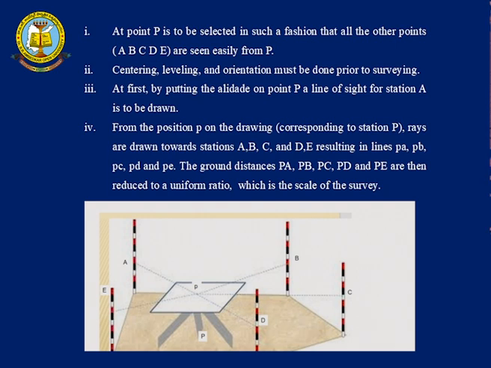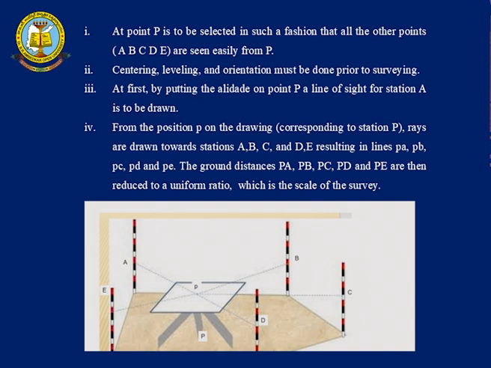First, you have to do centering, leveling and orientation, and then by putting the alidade on point P, which consists of an eye vane and an object vane, you observe from the eye vane to the object vane, toward point A, and draw the line.